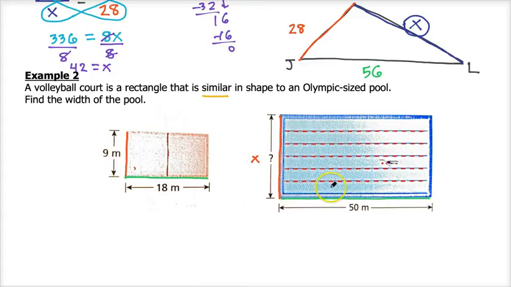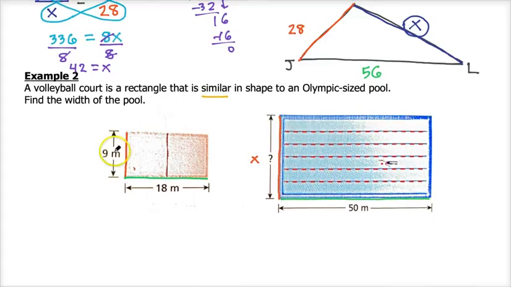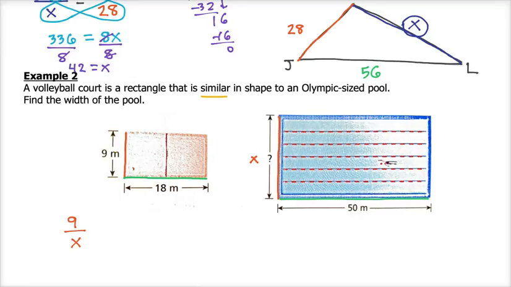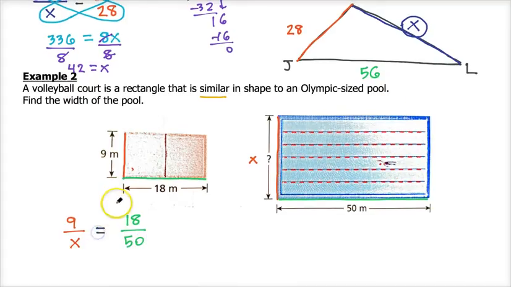So I can write a proportion. I can compare my shorter sides, that would be 9 meters compared with x meters, 9 to x, and then I can write a ratio on the other side that compares my 18 to my 50, and set these two ratios equal to each other.